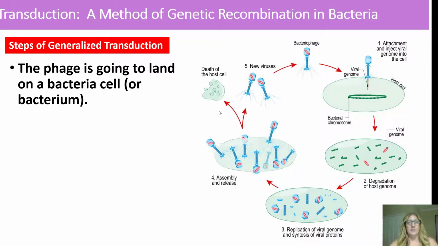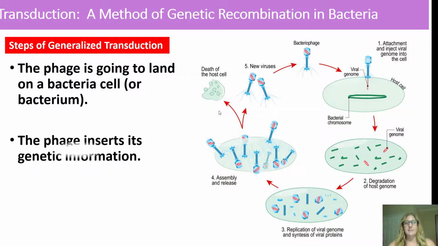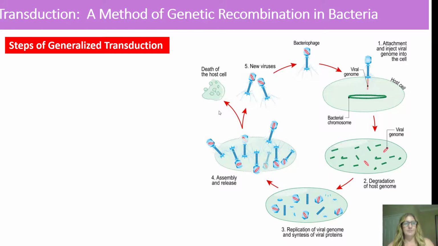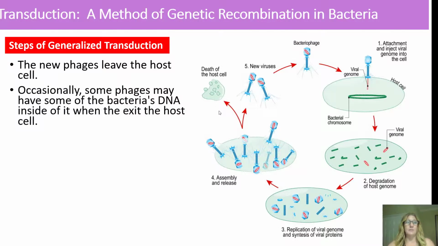In generalized transduction, the phage is going to land on the bacterial cell. It's going to attach, usually using a lock and key mechanism. The viral genome will get inserted into the host cell. The host cell will then have all of its metabolic machinery and reproductive machinery used in order to make new viral copies. The new viruses or phages are then going to leave the host once they are all assembled.